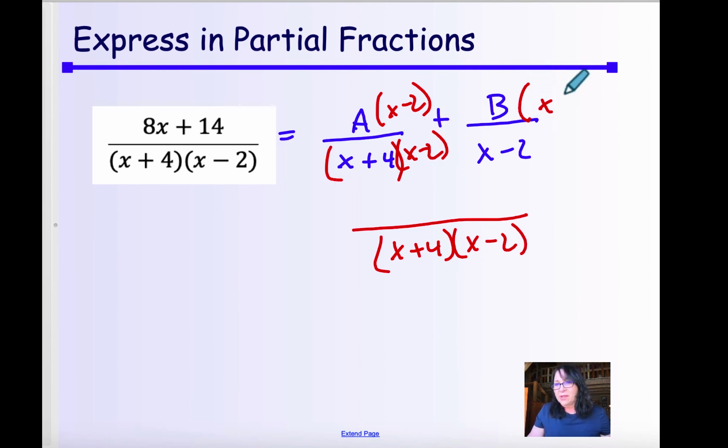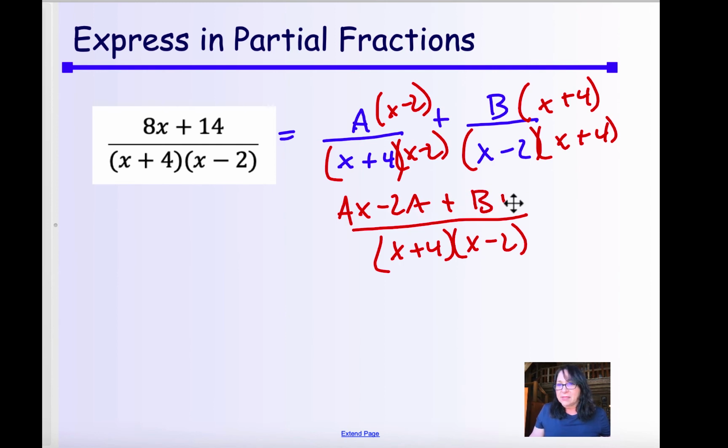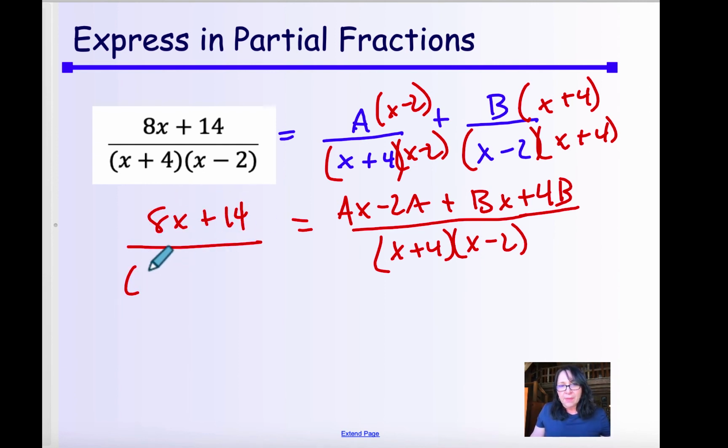This one needs an x plus 4 over an x plus 4, which is again 1. I'm not changing the problem. Now I'm just going to distribute. I get ax minus 2a plus bx plus 4b, and this equals my 8x plus 14 over x plus 4 times x minus 2.